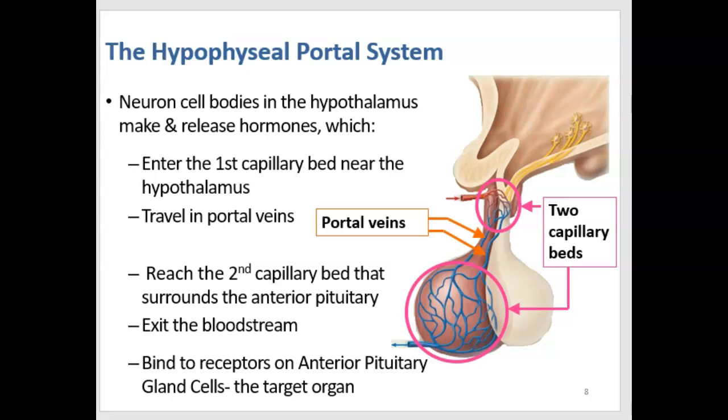Then these hormones travel in the portal veins. They reach the second capillary bed that surrounds the anterior pituitary. They exit the bloodstream and then are able to affect anterior pituitary gland cells by binding to receptors on those cells.